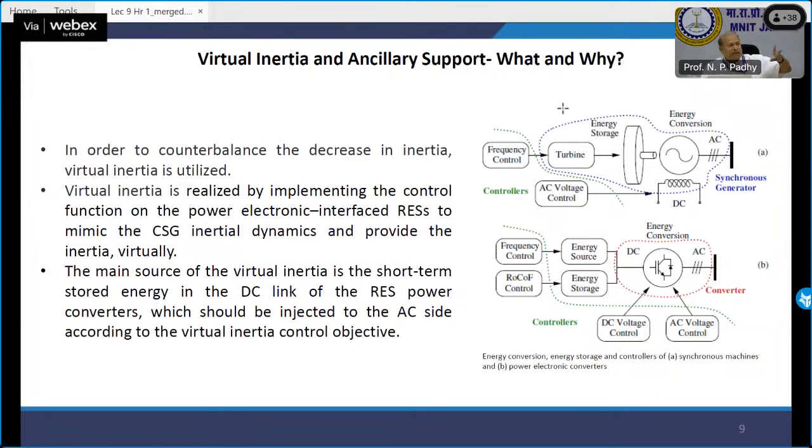But here there is no moving part, okay? So in that case, the DC link energy through interlinking converter, we can push that virtual energy to the AC link so that most of the loads can be met. It has storage. Not storage. Storage is a different thing. But here actually, because all your inverters, all power electronic devices do have some storage, some energy capacity, they're not using it immediately.